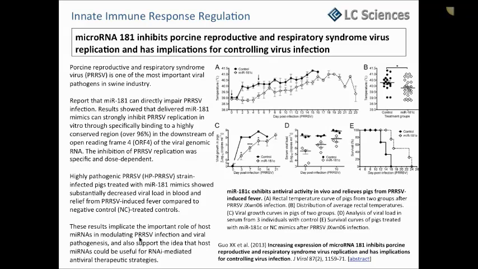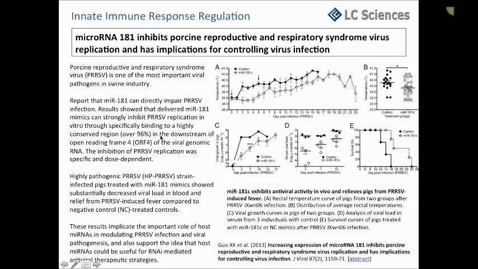Basically they infected pigs with a virus that is one of the biggest problems in the swine industry, an important viral pathogen called porcine reproductive and respiratory syndrome virus, or PRRSV. They looked at what happens if you infect the pigs with the virus. That's the control group here in black. You see the temperature rises, so there's inflammation going on, and after 2 weeks roughly, most of the pigs were dead.